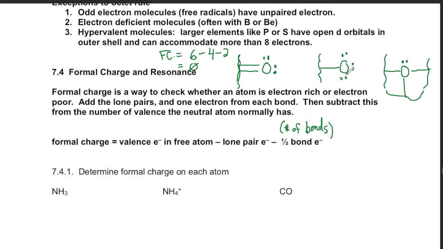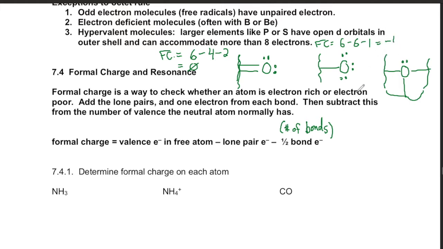Oxygen in this scenario, if you think about this oxygen as having half of this bond, it has 1, 2, 3, 4, 5, 6, 7 electrons when it only brought 6. So this oxygen has access to more electrons than it brought to the compound. So the formal charge here would be the 6 electrons it brought minus the 6 lone pair electrons that are drawn on here minus the 1 bond that it has.